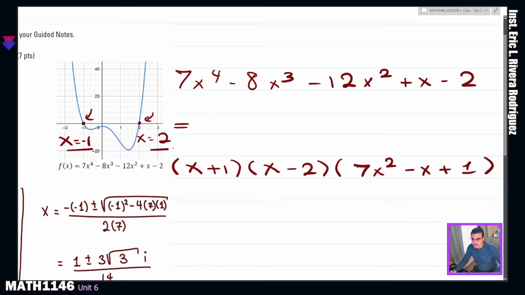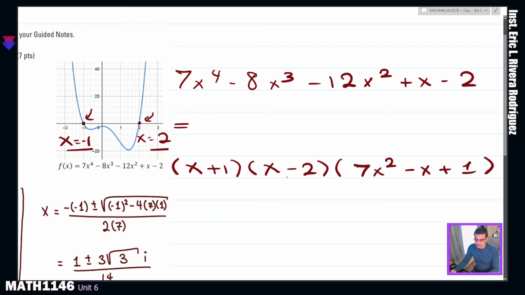Because these are two roots of this polynomial function, we can determine that we have a factor of x plus 1 and a factor of x minus 2. So that's the relation that we have between the roots of a polynomial and its linear factors.